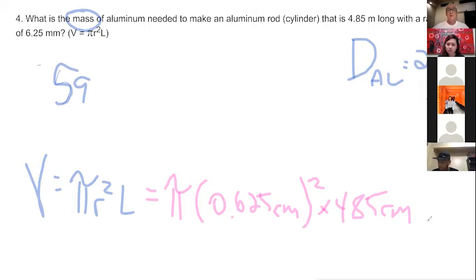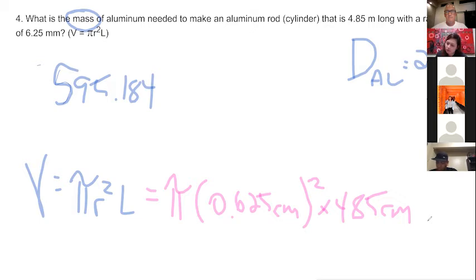Remember, when you're doing these calculations, don't round before you get to the end. So if your calculator has, like, 10 significant digits, leave them there. Just keep doing your calculation. So I've got 595.184. And what's the unit?